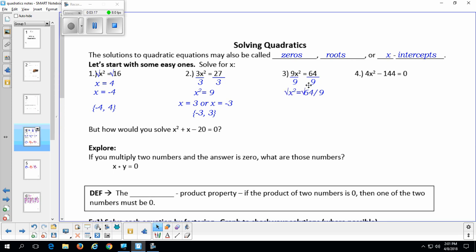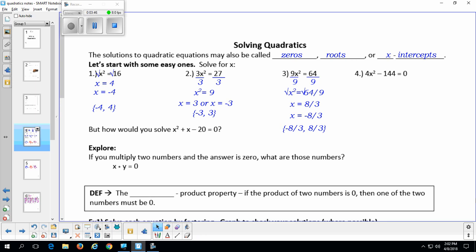I'm going to take the square root of 64, and I'm going to take the square root of 9. What's the square root of 64, and what's the square root of 9? Square root of 64 is 8, square root of 9 is 3, so it's just 8 divided by 3. But remember, it could also be negative, because when you square a negative, that still gives you a positive. So my two solutions are negative 8 over 3 and 8 over 3.